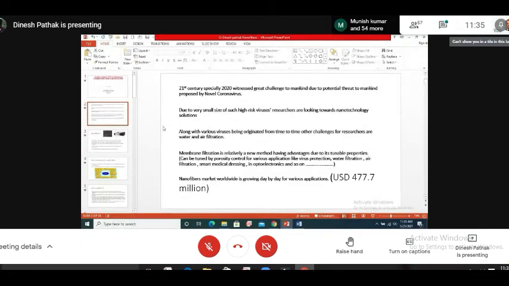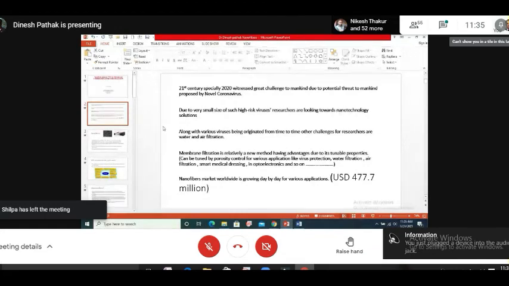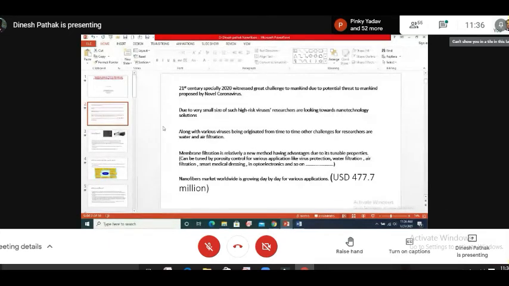Also sometimes we need to filter air. Sometimes we need to protect ourselves from various viruses. Sometimes we need medical dressing, smart medical dressing, where the water should not penetrate to the wounds.